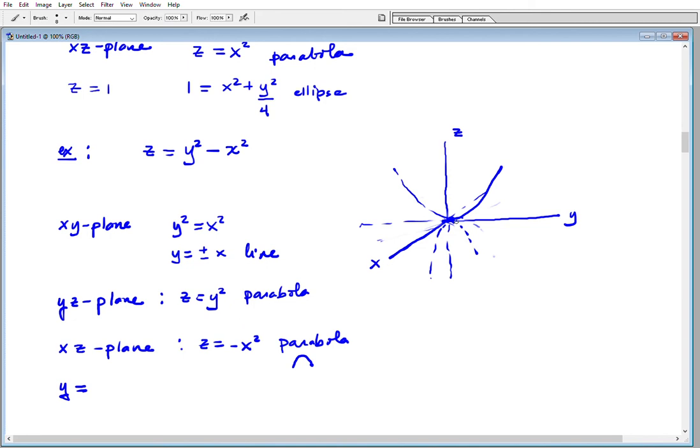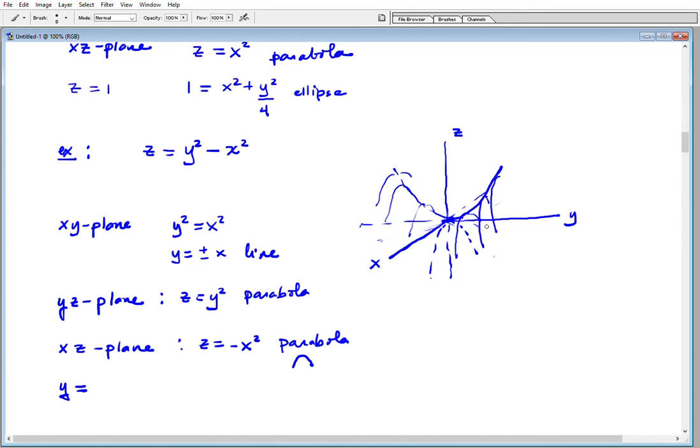So we have this down-facing parabola in the XZ plane, and basically we're going to have parabolas all along this. You see this parabola? We're going to have parabolas sort of hanging off of this one.